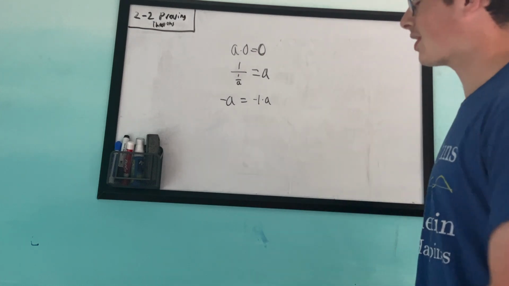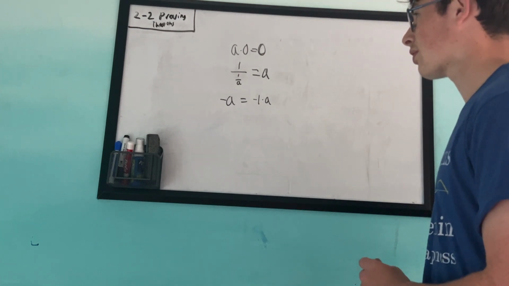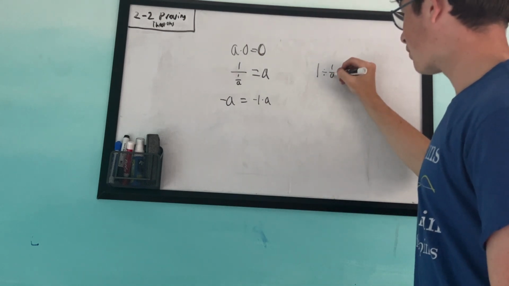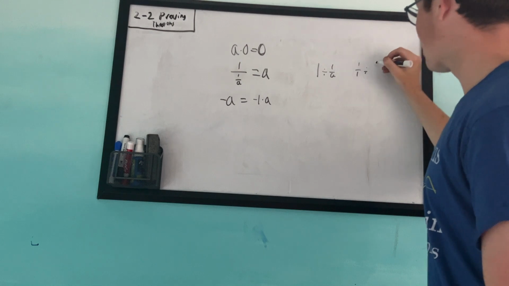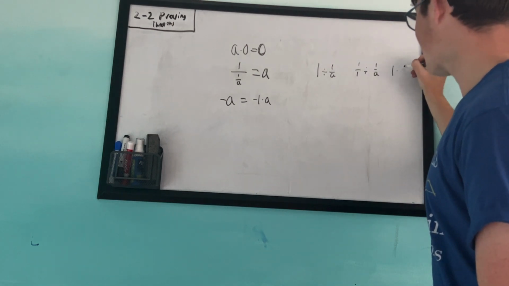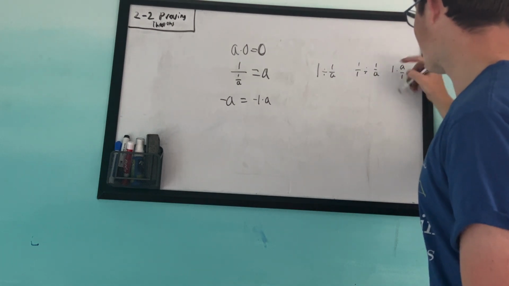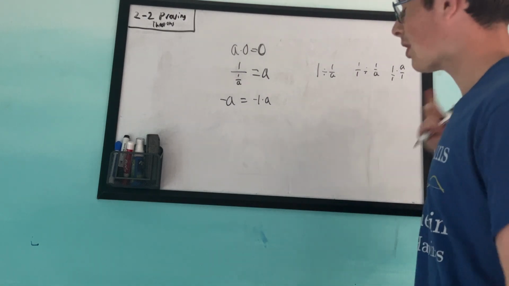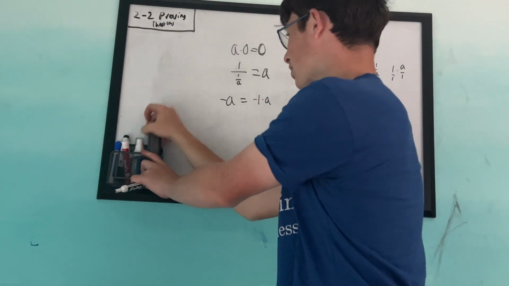This one maybe isn't as immediately intuitive, but if you rewrite it as 1 divided by 1 over a, which is 1 times a over 1, from your 5th grade math class, then you see, oh yeah, it makes sense pretty intuitively.